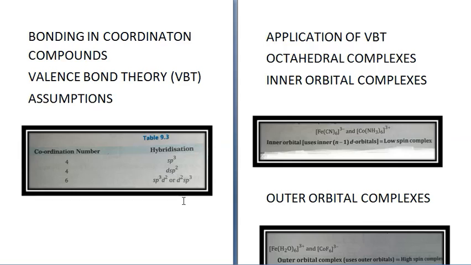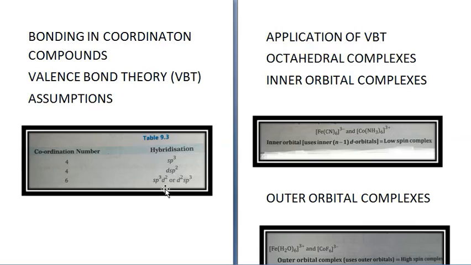The d orbitals involved in hybridization can be either inner d orbital, that is n-1 d, or outer d orbitals, that is nd. So in d2sp3 this is inner d, and in sp3d2 it is the outer d.